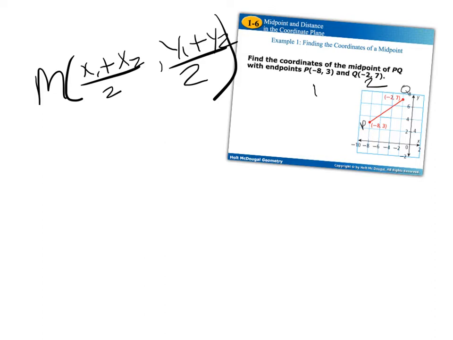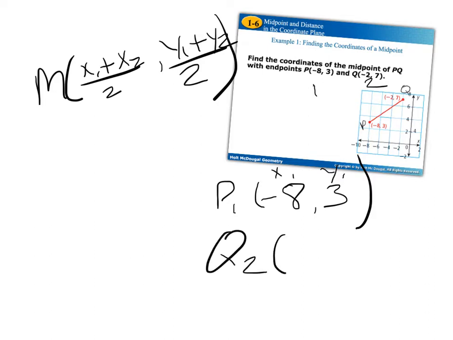So P is point 1. So negative 8 is going to be x1, and 3 is going to be y1. This is the x and y of the first point. So Q is point 2. So x2 and y2 are going to be the x and y values of this one. So negative 2 is going to be x2 and 7 is going to be y2.